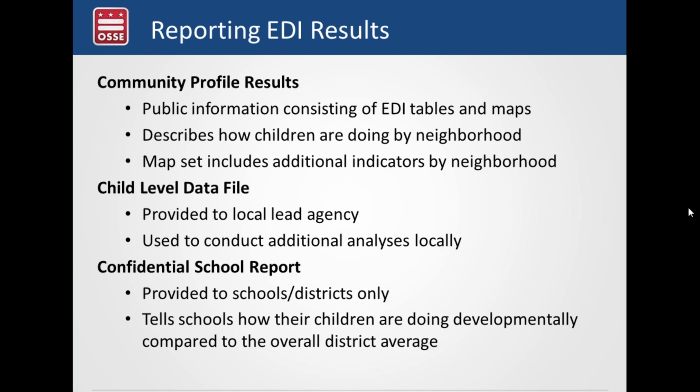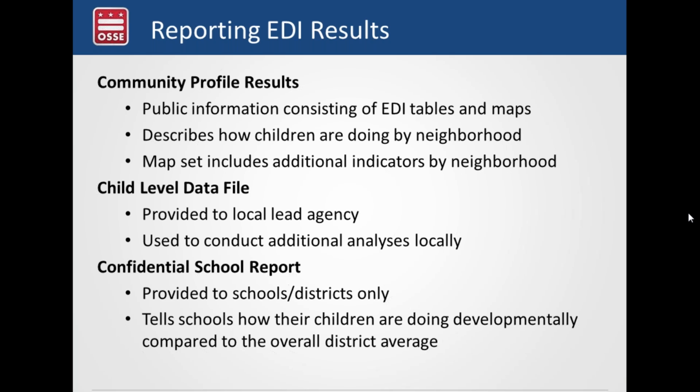The first one we call the community profile results, and those are the results I mentioned earlier that display results neighborhood cluster by cluster. And because this is never showing individual results on a child or a teacher or a classroom, it's aggregated data. This is really considered public information by cluster, and it allows the whole community, parents included, policymakers, to look at this information.